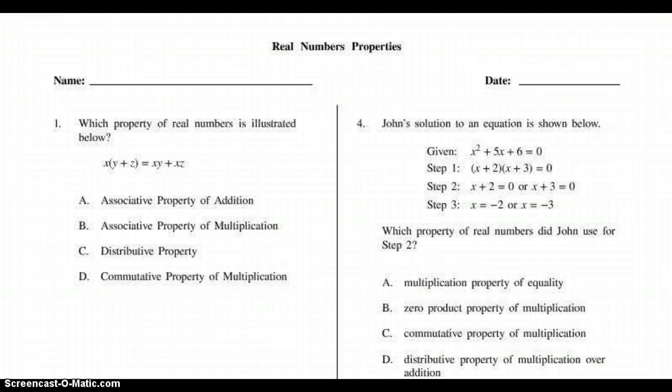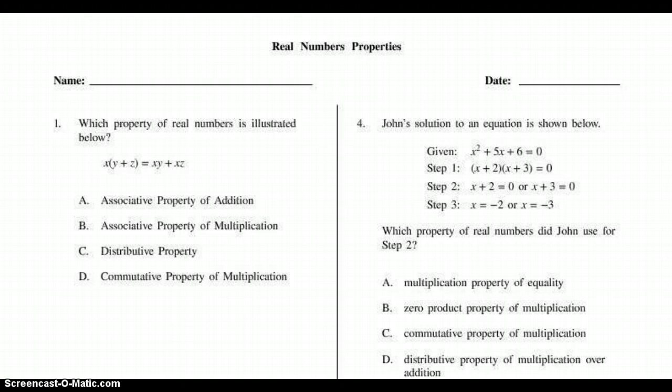Now, just basic stuff that we need to take a look at as we continue, and these real number properties. For instance, and I'm going to do it in the form of test questions, if you don't mind, from New York Regents.